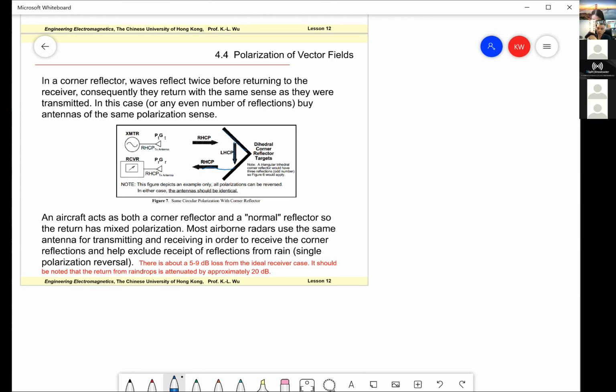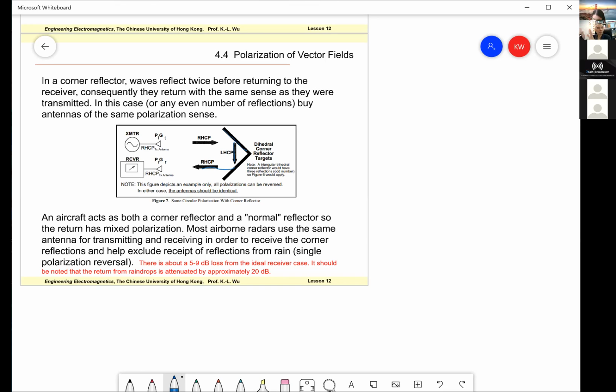So this is also a phenomenon by which we can change the wave polarization. To design a circularly polarized antenna, we have many different antenna forms that can generate circularly polarized waves. We will find a chance to discuss them in the future.